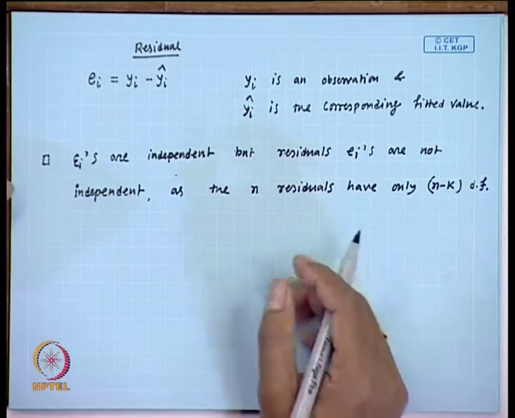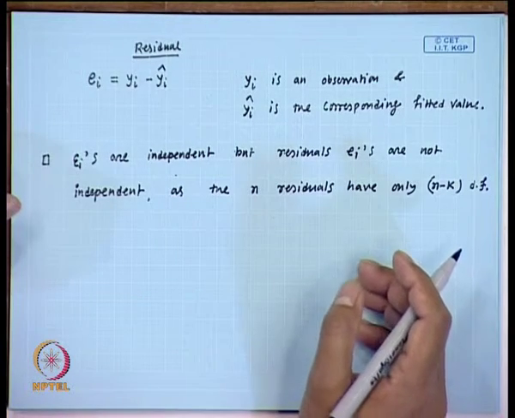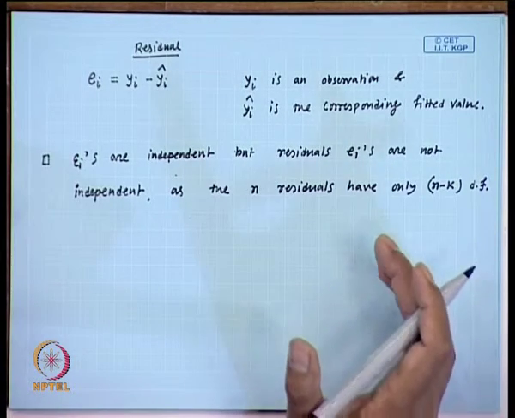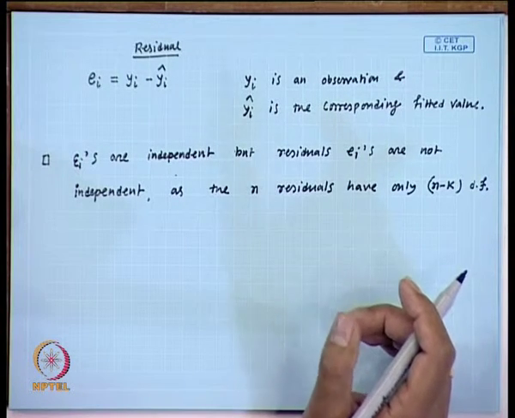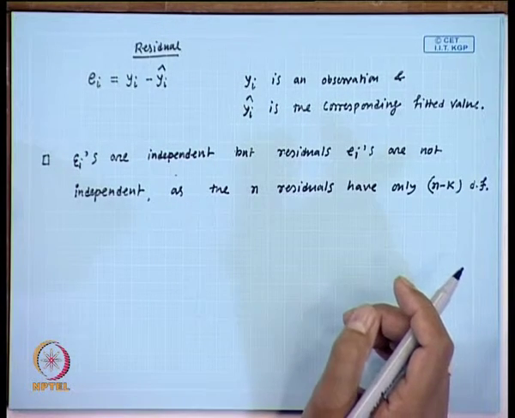All these e i's, the residuals, we can't choose independently. I am talking about multiple linear regression model with k minus 1 regressors. So, there are k constraints involving e i. So, we can't choose all the e i's, the residuals, independently. So, we can choose n minus k of them independently, and the remaining k e i's have to be chosen in such a way that they satisfy those k constraints.